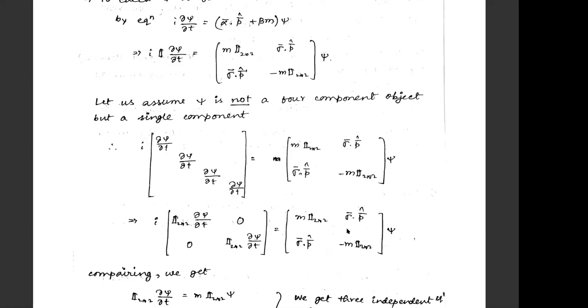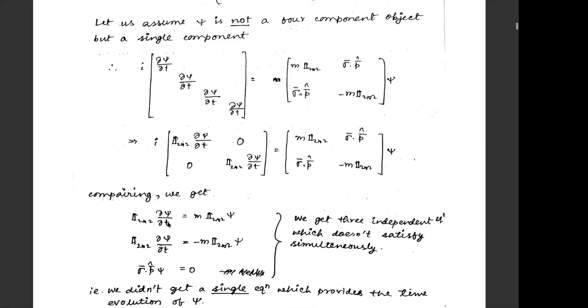What do you get? You get sets of equations. One is ∂ψ/∂t equal to m times psi. Another equation you get is sigma dot p acting on psi equal to 0. Another equation also, sigma dot p acting on psi equal to 0. So these are the same equation. Another equation you get is identity times ∂ψ/∂t equal to minus m psi.